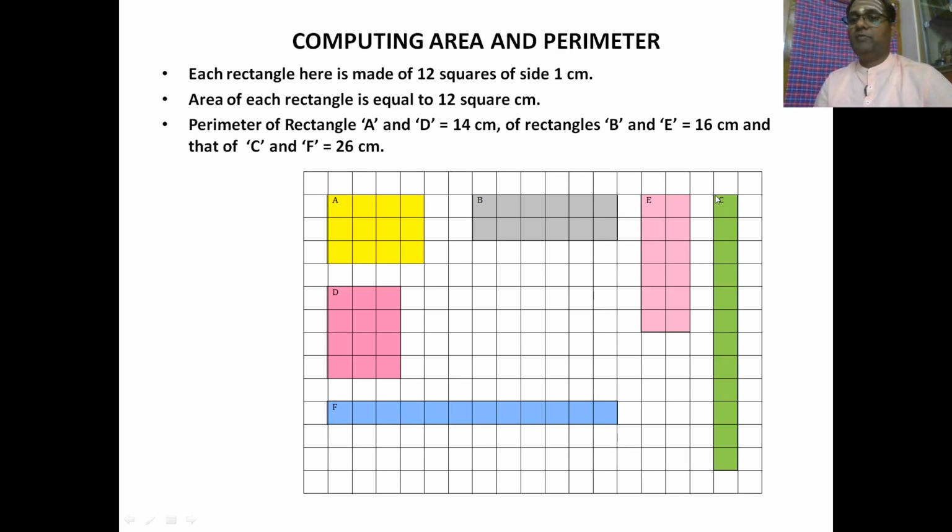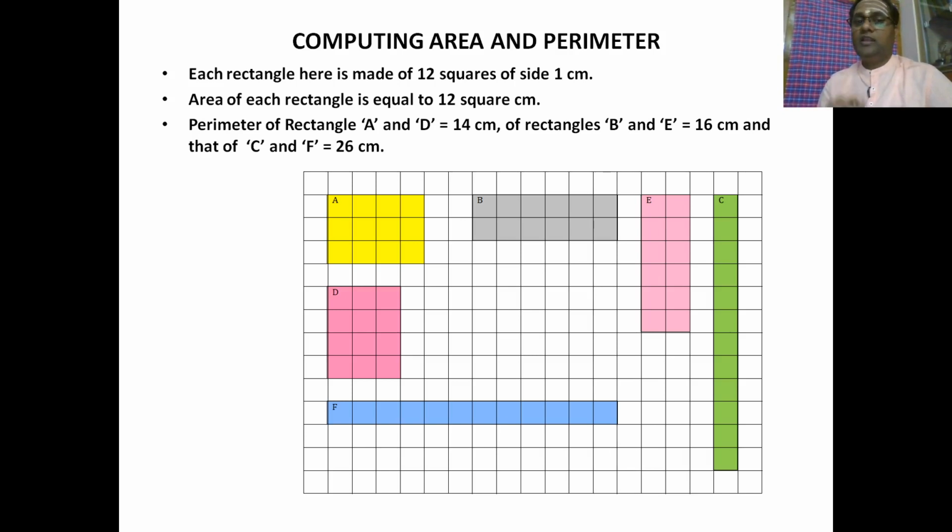Similarly, when we move along the boundary of rectangle C and rectangle F, you can count from here 1 plus 12, 13, 14 and plus 12, totally making 26 centimeters. So the perimeter of C and the perimeter of rectangle F is equal to 26 centimeters.